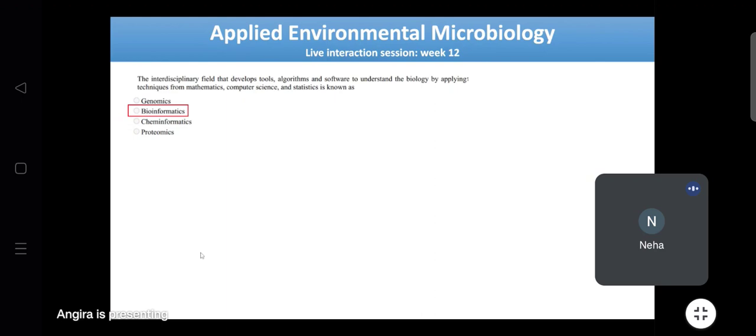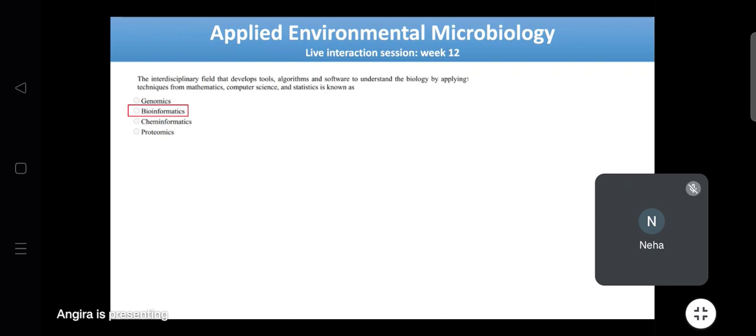Yeah, you are right. In bioinformatics, we have certain tools where we analyze nucleotide sequences, it can be protein sequences. What do we analyze? We analyze if one nucleotide sequence is similar or how much it is different from another nucleotide sequence, right? So all these are done in bioinformatics.